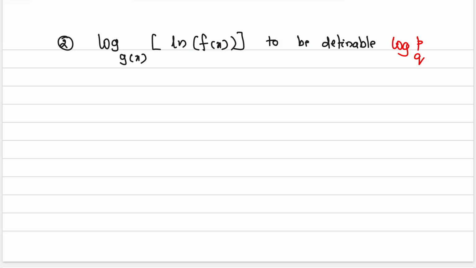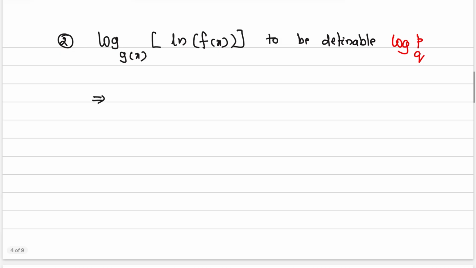That implies q is compared with g(x): g(x) should be greater than 0 and g(x) should not be equal to 1. Now what happens to f(x)?